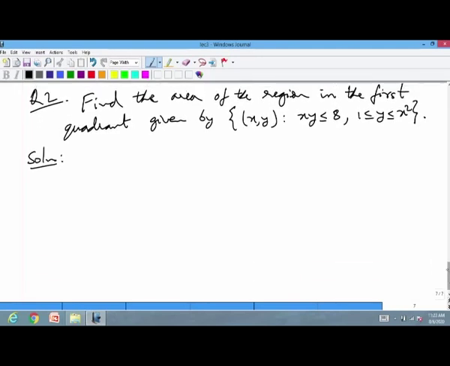So, let us first draw this region. So, we have x y equal to 8, which is the rectangular hyperbola, and y equal to x square is the parabola like this.